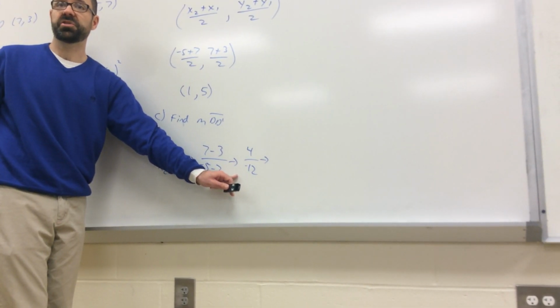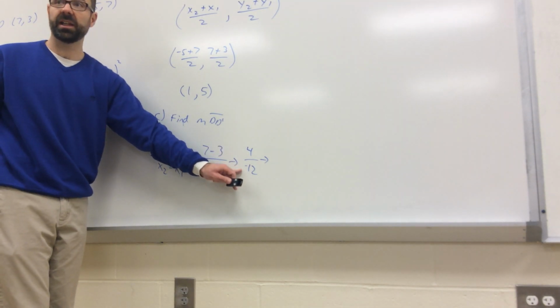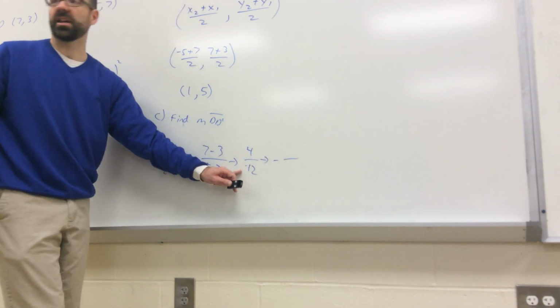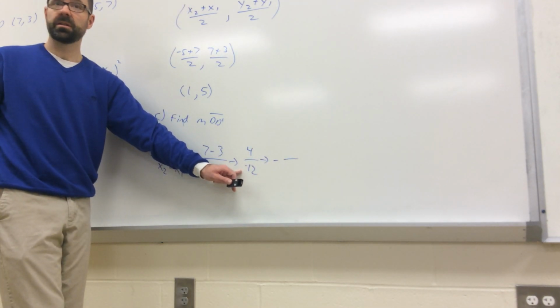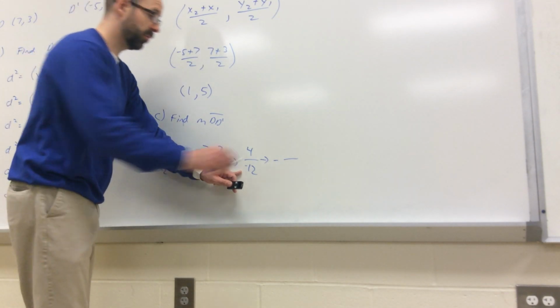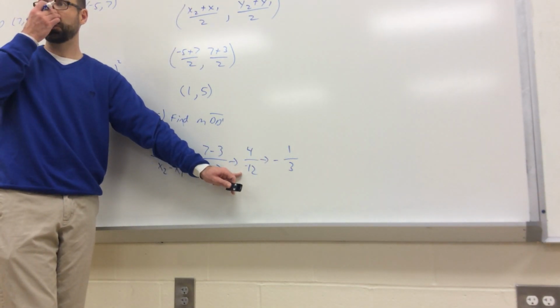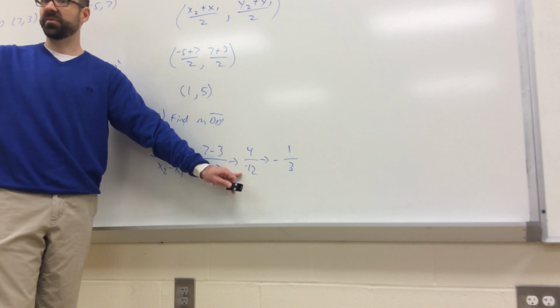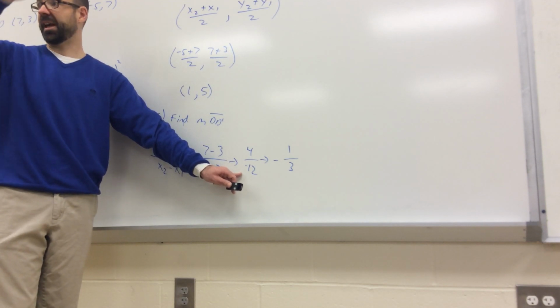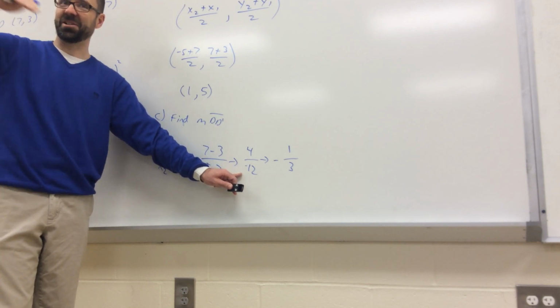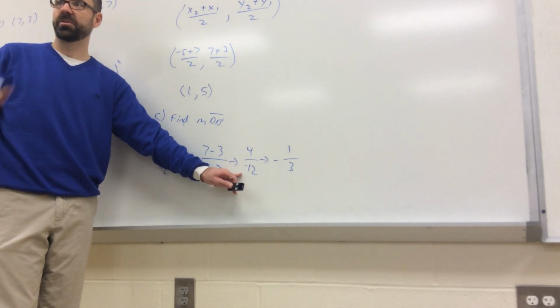And then that reduces to -1/3. A positive divided by a negative is negative. So the answer will be negative. And then 4 and 12 reduced to 1/3. So that means the slant of the line that connects D and D prime is this way because it's negative, so it's slanting -1/3.